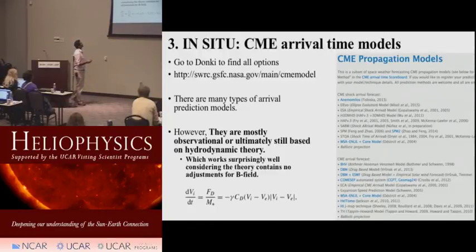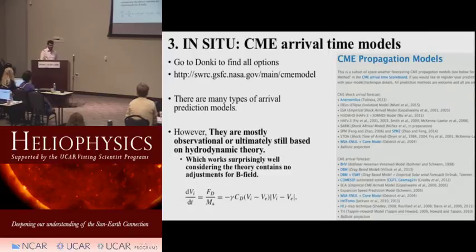And most of them are actually employing basically the same theory. It's a hydrodynamical case, and it's basically the v squared. The amount of drag force you're getting is correlated to the velocity squared.